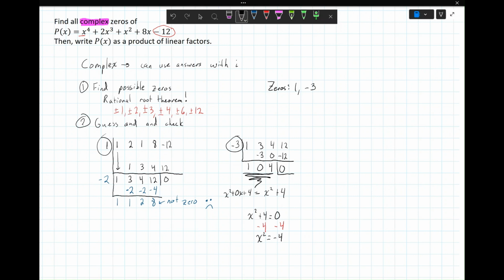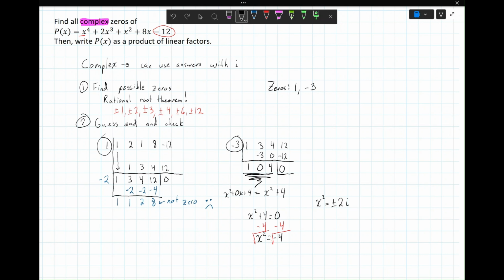Now, in past times, you may have seen this and said, hey, there's no real solution. But since we're looking at complex zeros, it's okay to look at non-real solutions. So I will square root both sides here, and the square root of -4 is, that's right, plus or minus 2i.